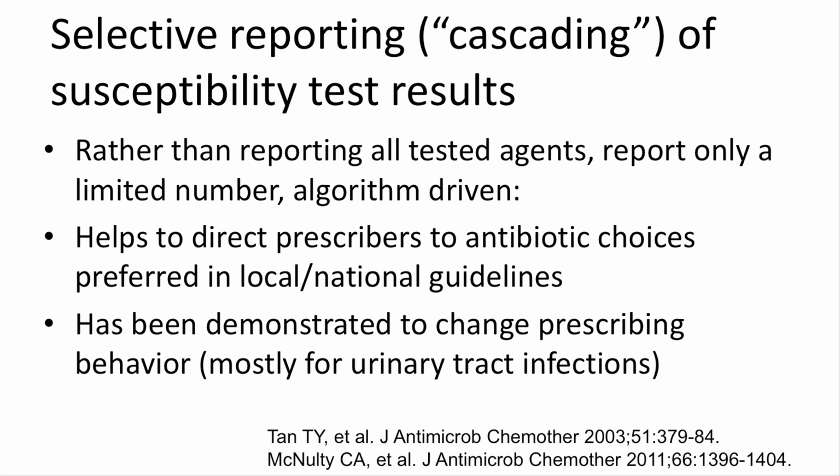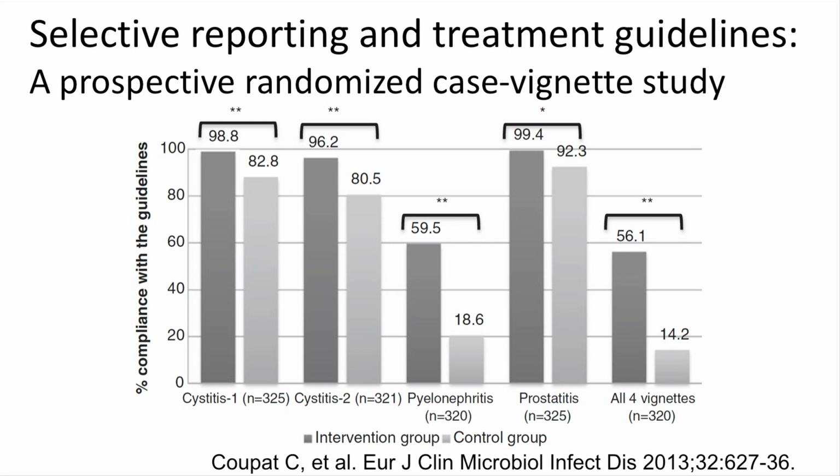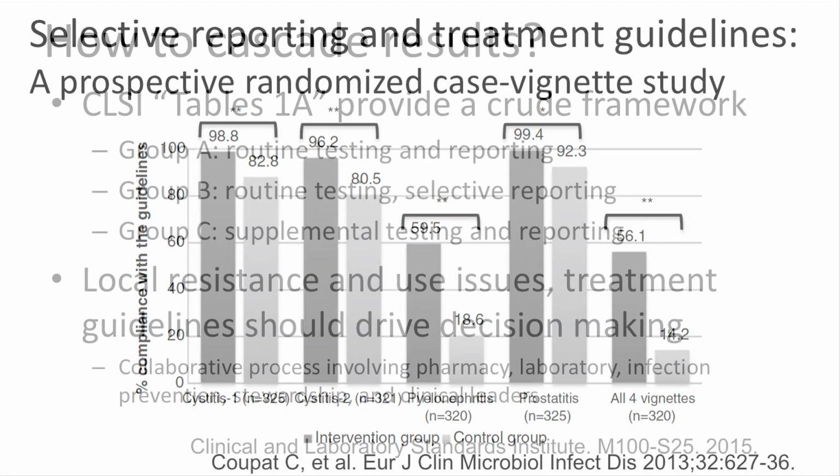Those randomized to receiving all of the susceptibility test results versus a selective amount of susceptibility results were much worse in terms of guideline adherent therapy in several different UTI scenarios. So if you got selective reporting, over half the time in all 4 vignettes, you chose guideline adherent therapy, only 14% of the time if you got the whole gamut of lab results.